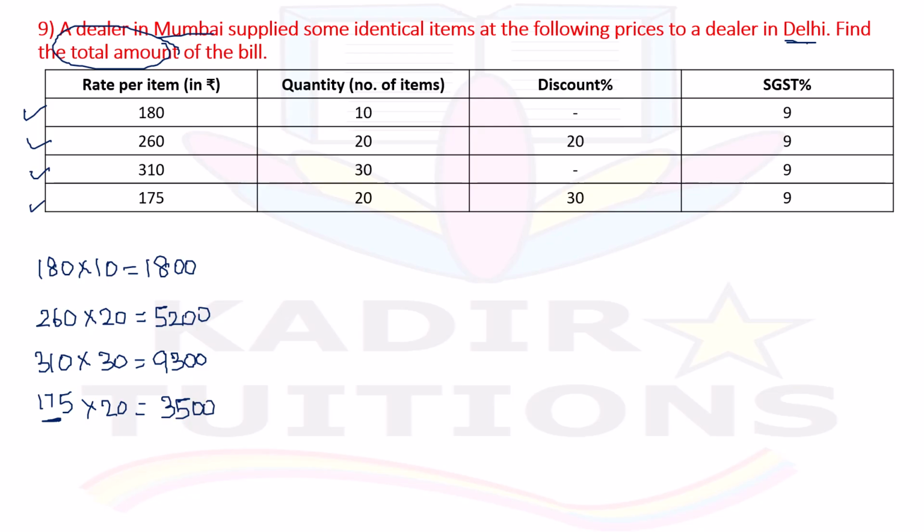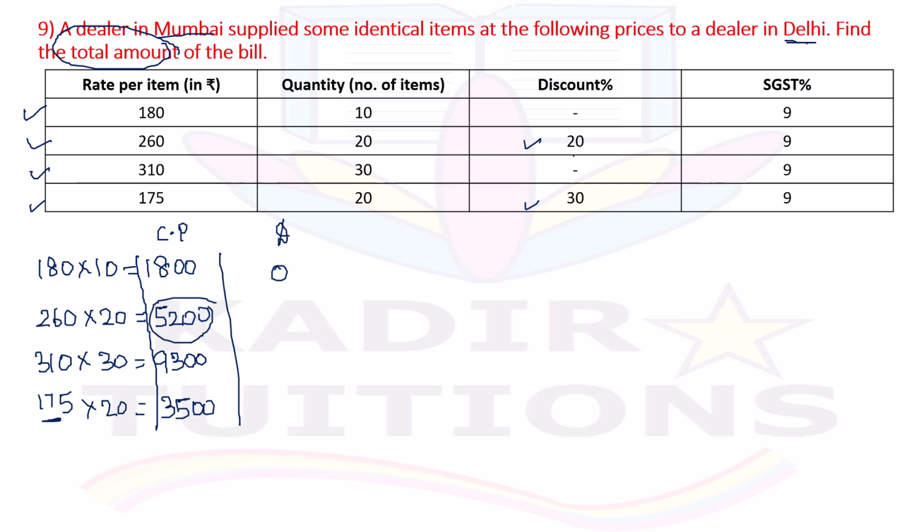So what are these things? These are all the cost price of the items. So I will mention the cost price over here. That means the original price. Now they are providing some discount also, but the discount is only for the second and the fourth item. There is no discount for the first and third item. So for the first item the discount is 0. For the second item it's 20% of the total value, right?